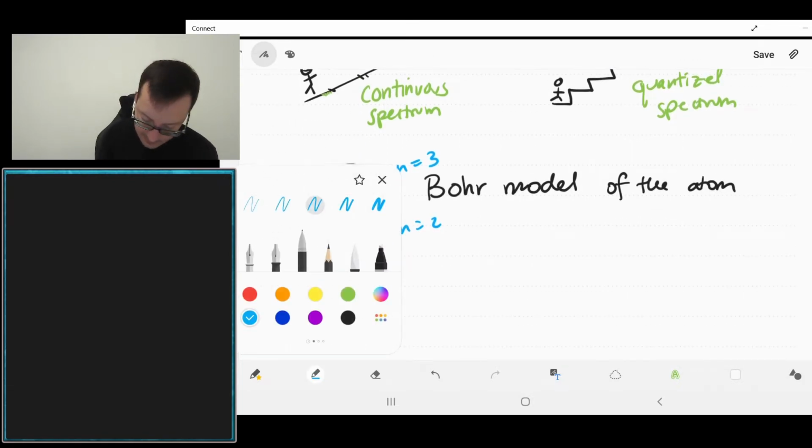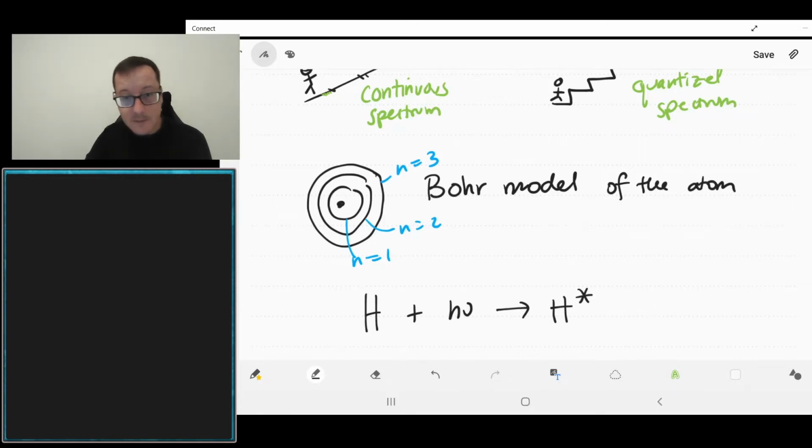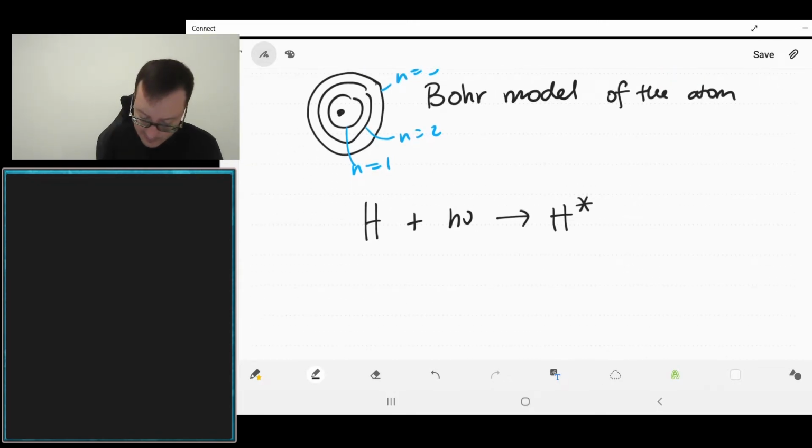We're going to see that if we take our hydrogen atom and we give it some energy, we end up exciting it if it's absorbed. And let's take a look at what that looks like.